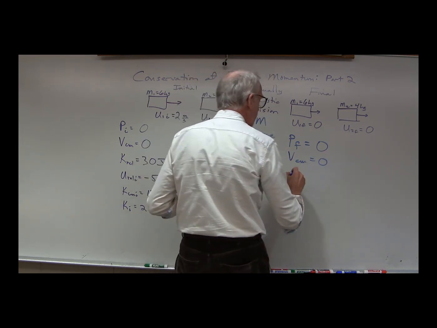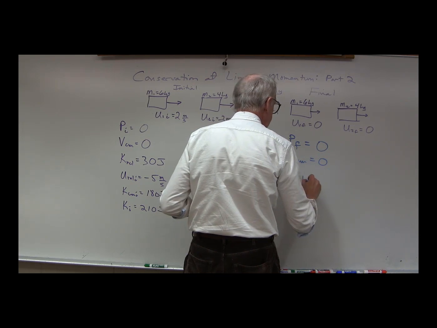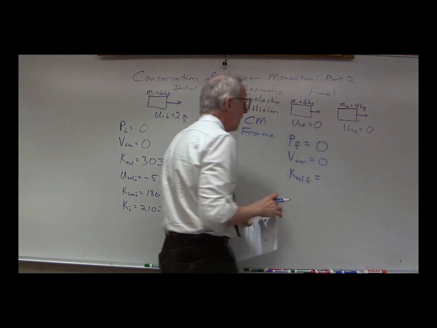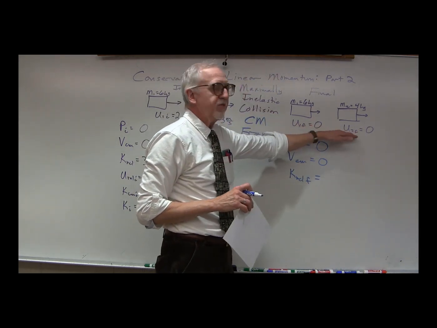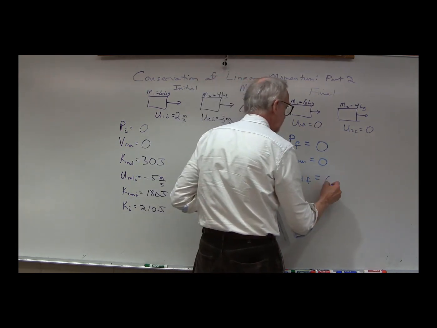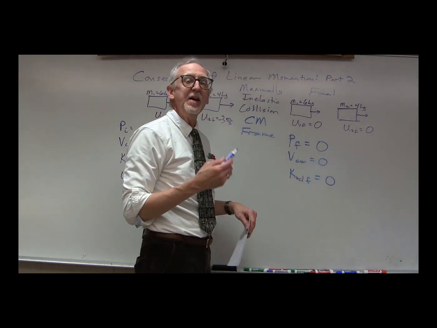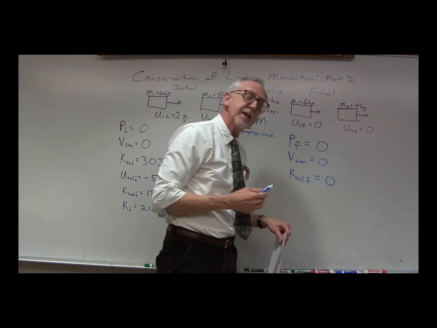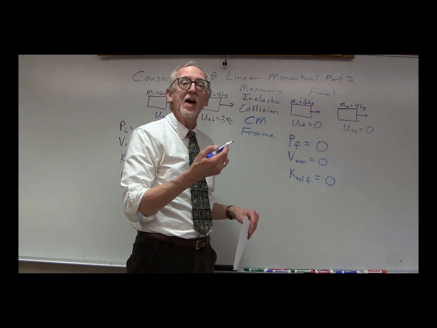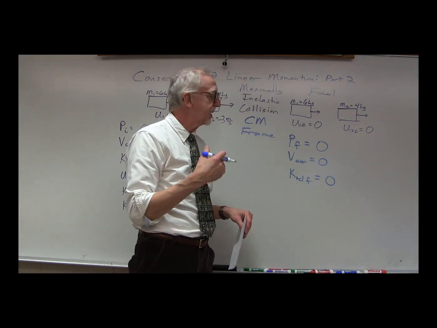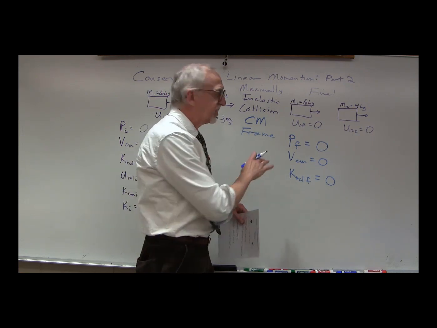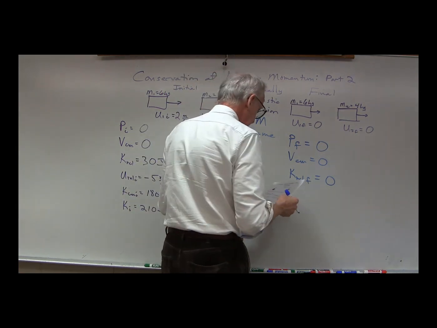What is our relative kinetic energy finally? Well, we've got 0 velocity here, 0 velocity here. The relative velocity is 0. The relative kinetic energy is 0. We have no relative kinetic energy. Let's just finish and then we'll come back and think about that.